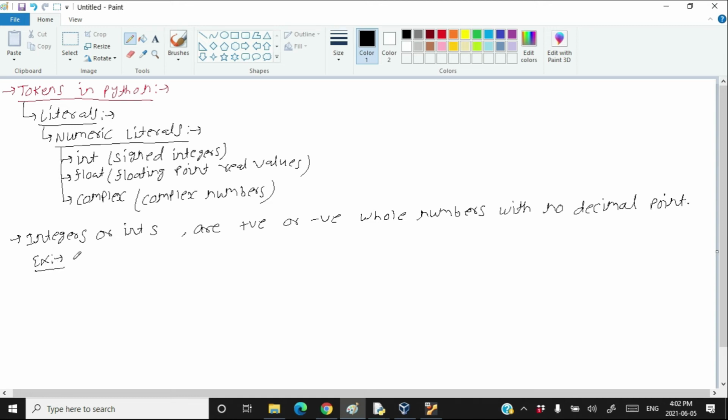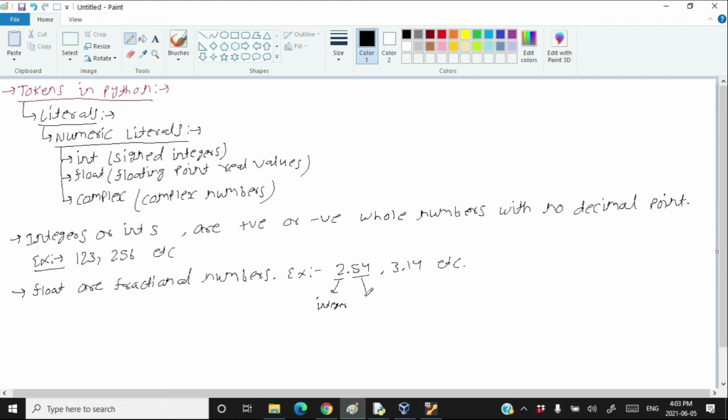Examples of integers are 123, 256, etc. Floats are fractional numbers. Examples: 2.54, 3.14, etc. So floats represent real numbers and are written with a decimal point, which divides the integer and fractional parts. So this is the integer part of the float and this is the fractional part of the float.